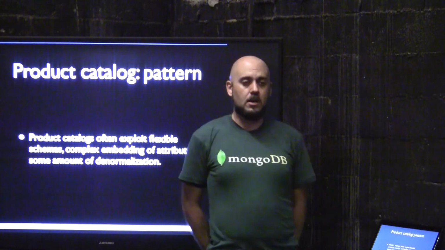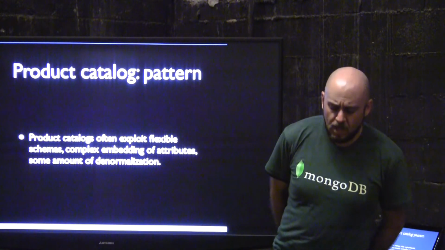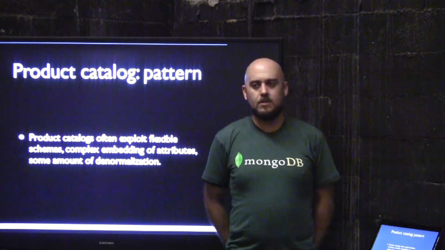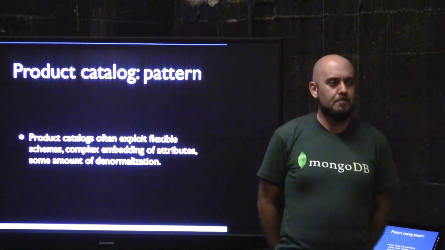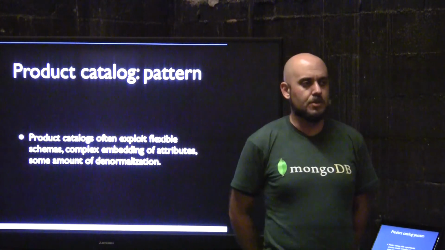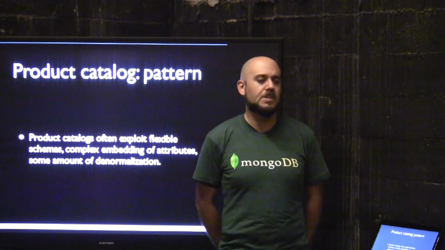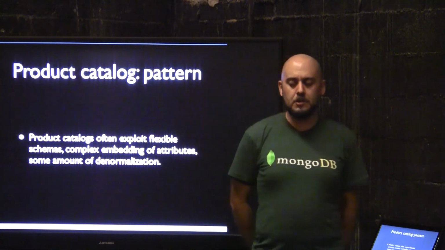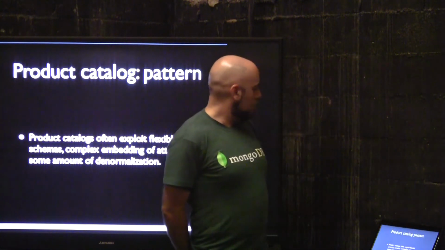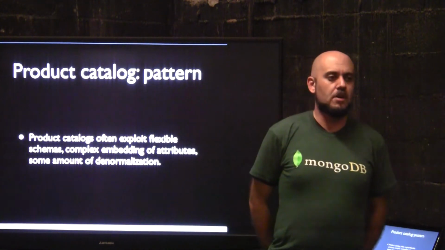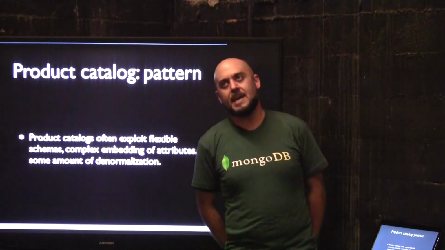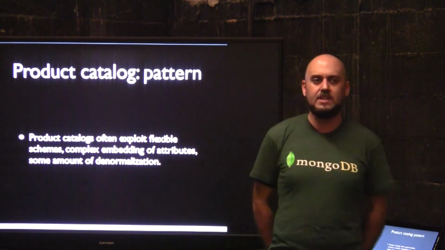Okay, so product catalogs. By this I mean some sort of web interface type, conceptually anyway, an e-commerce site where you go and you look at shoes or something. There's shoes being served out of MongoDB. Product catalogs are a nice use case for Mongo, at least for the data model purpose, because product catalog information tends to be relatively complicated.